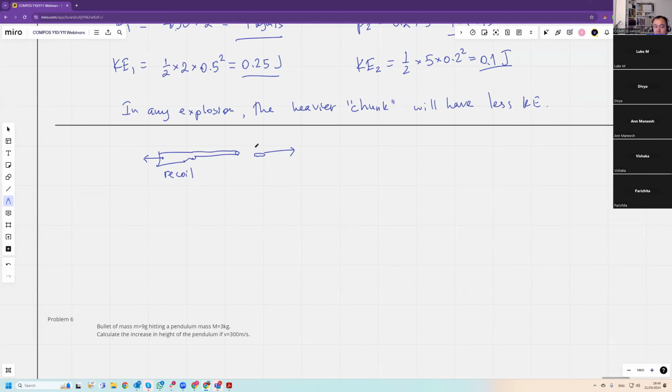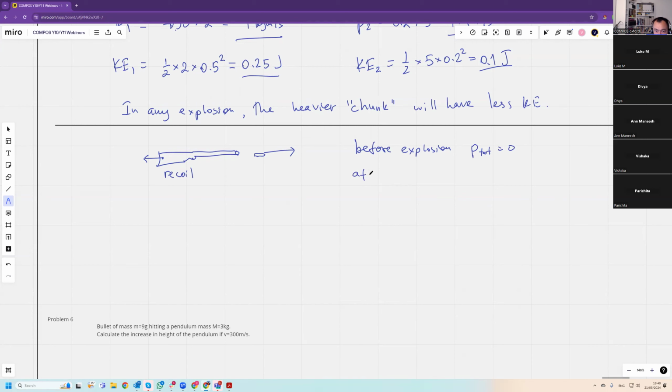And according to conservation of momentum, the bullet and the gun have to have the same momentum, right? Because before explosion, the total momentum is 0 because they're both stationary inside the barrel.